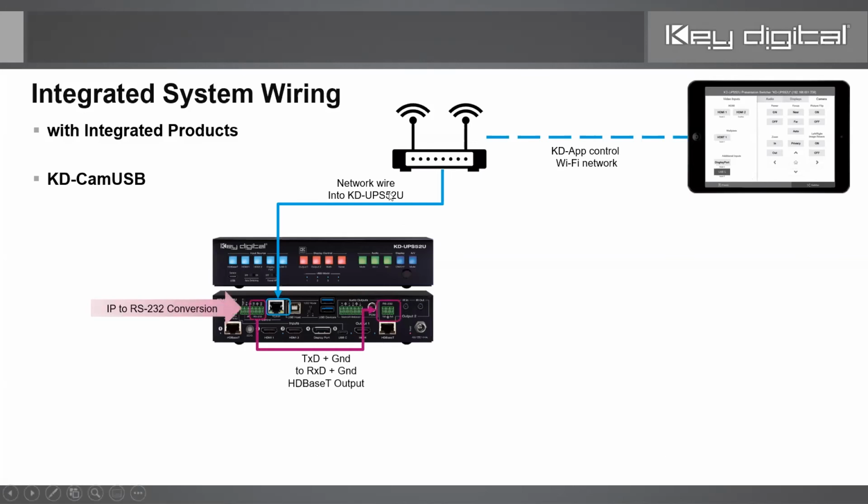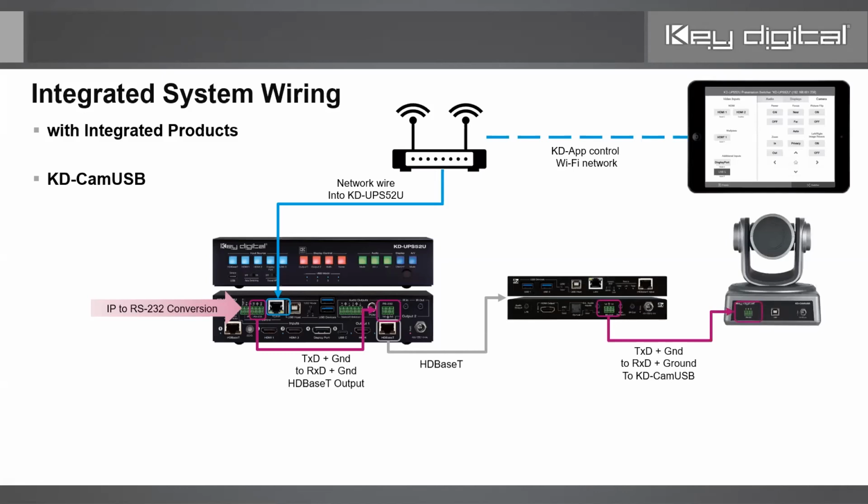Yeah, so the app will control it. The camera is controllable over RS-232, IR, and over USB, as we said. What this does is the app communicates to the Key Digital switcher, and the switcher will convert IP to RS-232, and then hit that next button for me, Scott, because it will then output the RS-232 control. So basically, within the same iPad interface where you do your video switching, you can also do your camera controls.